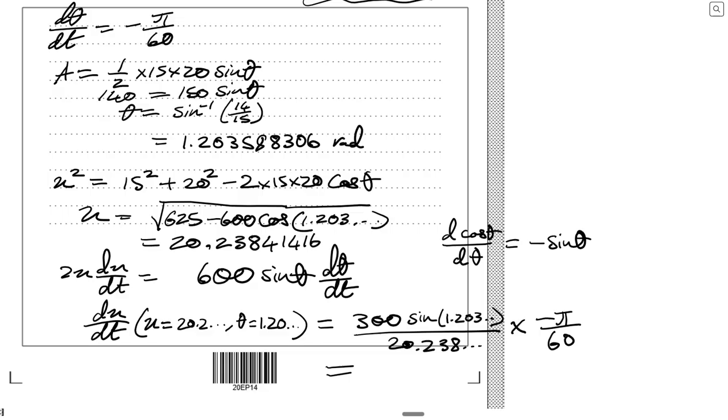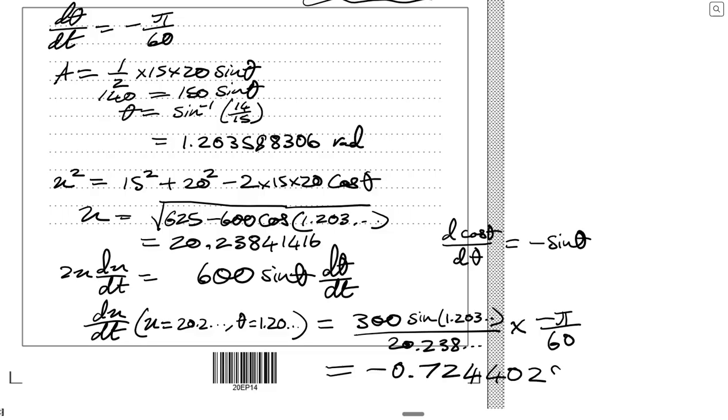300 sine 1.203588306 divided by answer times pi over 60. And that gives me negative 0.724.